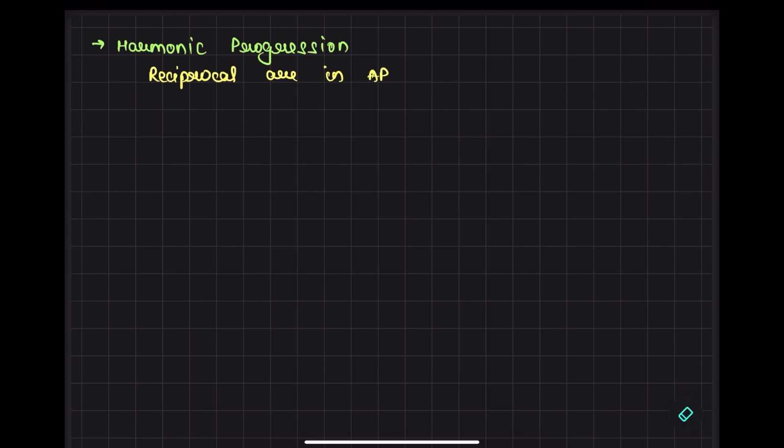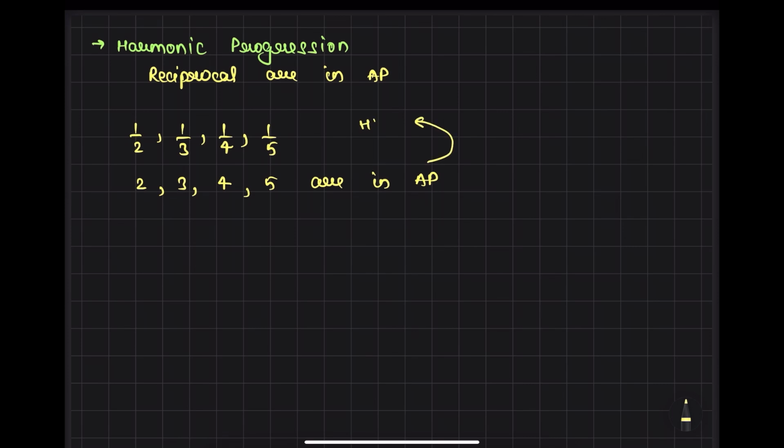Suppose we have this sequence 1 by 2, 1 by 3, 1 by 4, 1 by 5. If the reciprocals 2, 3, 4, 5 are in AP, then this is called a harmonic progression.